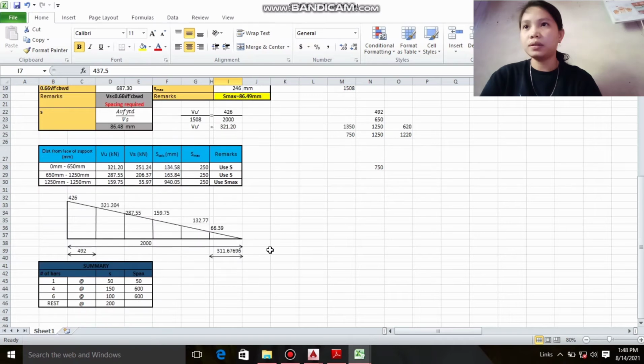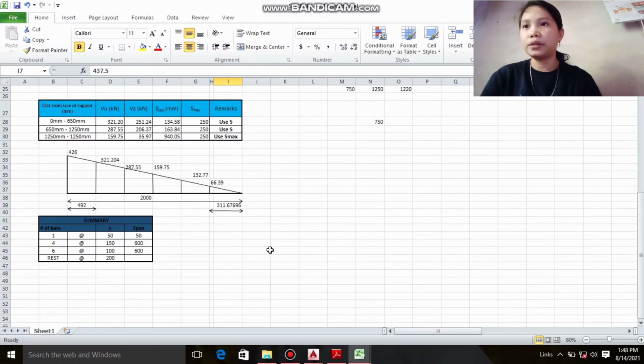So this one, the face of support. Summary for the number of bars: 1 at 50, span of 50, the number of bars 40 at 150. Number of bar 6 is 6 at 100.